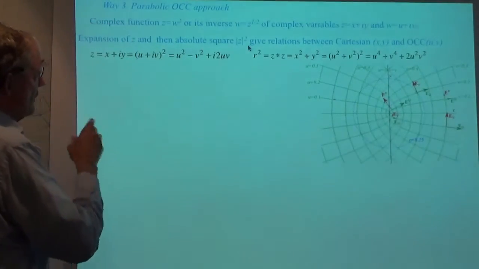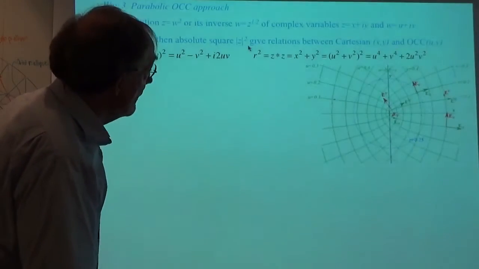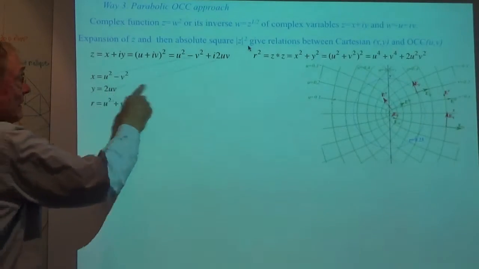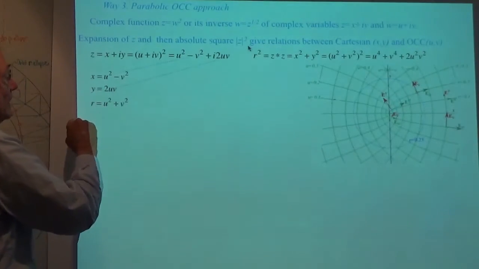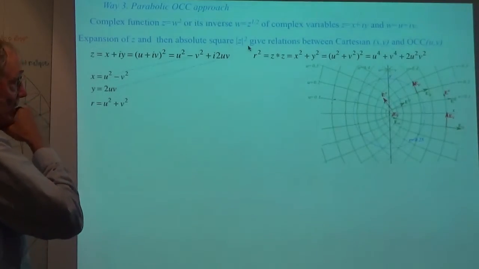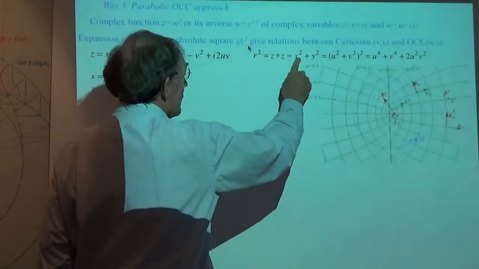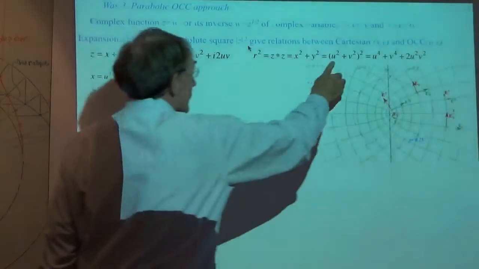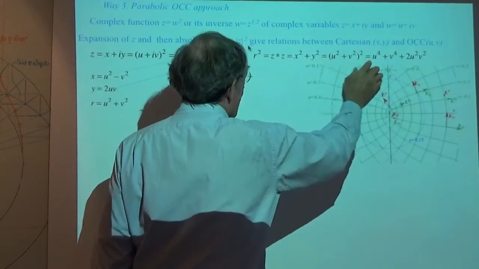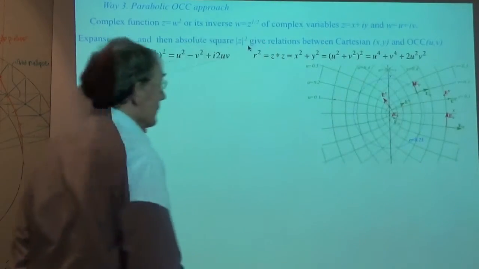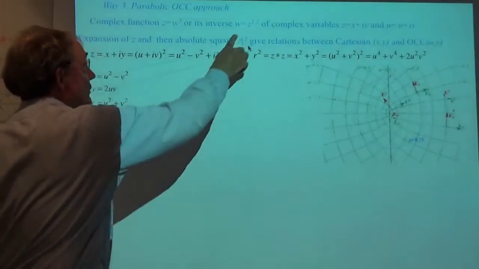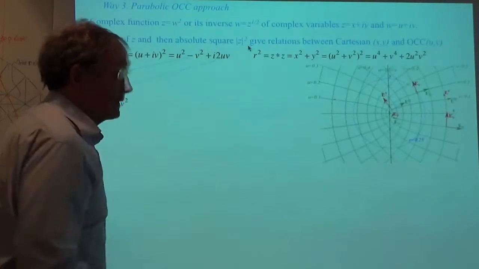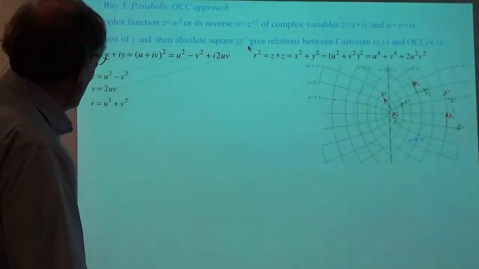You can write x equals u squared minus v squared, you can write y equals 2uv, and you can write r, the square root of x squared plus y squared. Well, that's going to be u squared plus v squared, which is a second power polynomial in the u's and the v's. They are, after all, related to each other by either a square root or a square, depending on which side of the relation you're looking at.